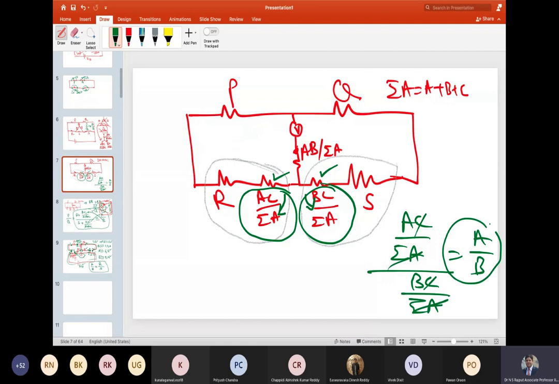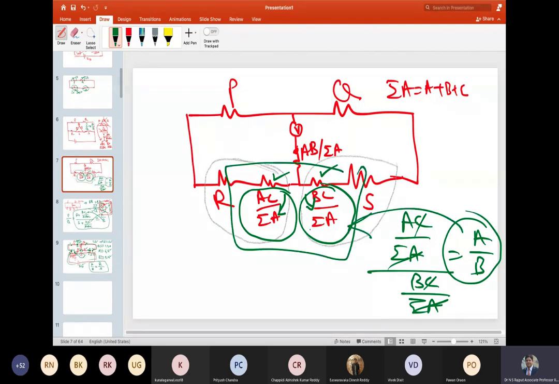So what did it redistribute? It redistributed this C, right? So C has been redistributed in the ratio of A to B. And therefore the effect of C has also been nullified. So this is an interesting question. People can ask how C has been redistributed.